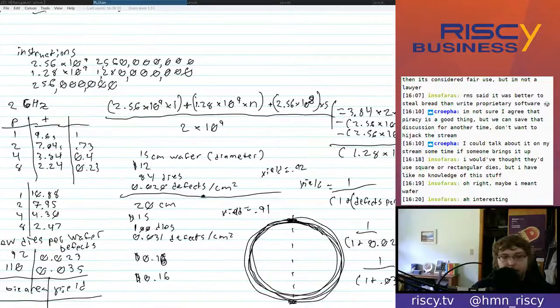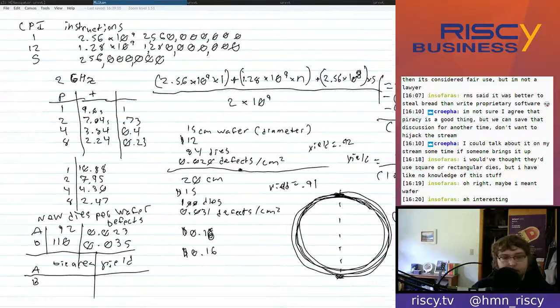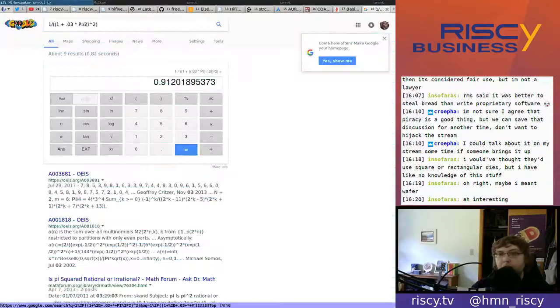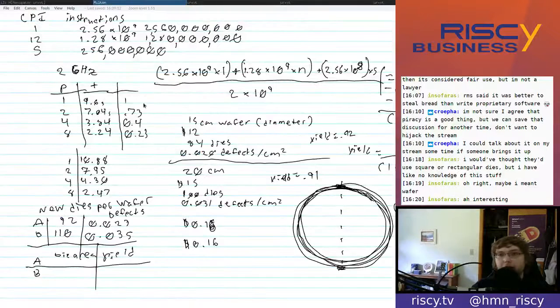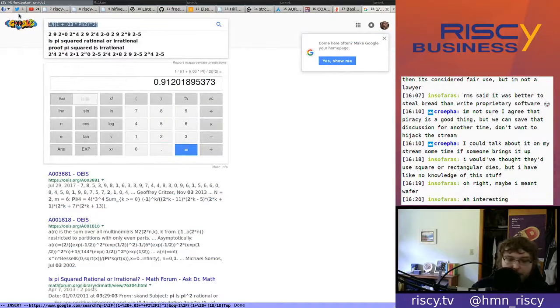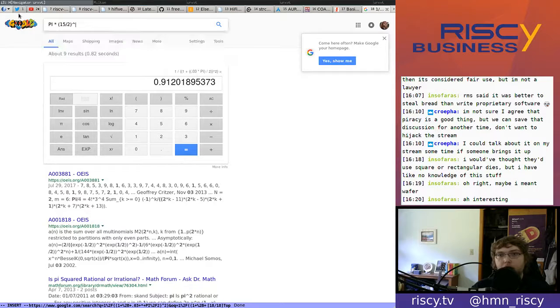So to get the die area, I was taking the area of the wafer divided by the number of dies per wafer. So we know the new number of dies per wafer. So it's going to be the same area, but I didn't leave that open in a tab. So we're going to need to recalculate the area for each. So let's do the first one. It's 15 centimeters diameter. So that's going to be pi times 15 over 2 squared.